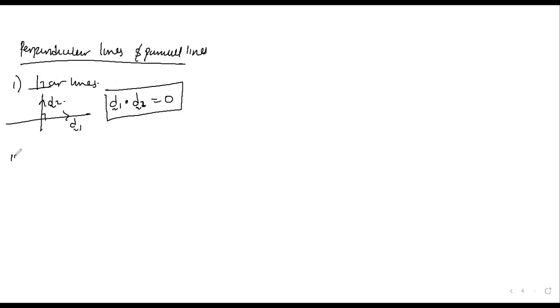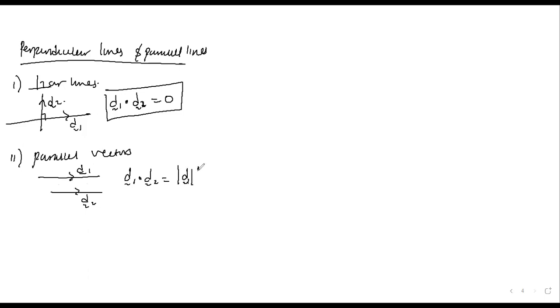Then for parallel vectors, you'll have d1 and d2. If they are parallel, it means the dot of the vector d1 and the vector d2 must give you the magnitude of d1 times the magnitude of d2, because the angle between them is 0.